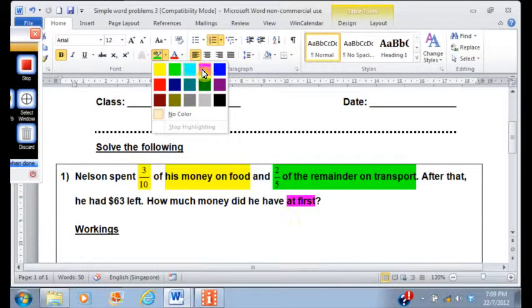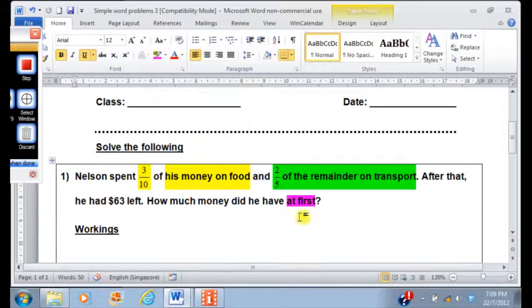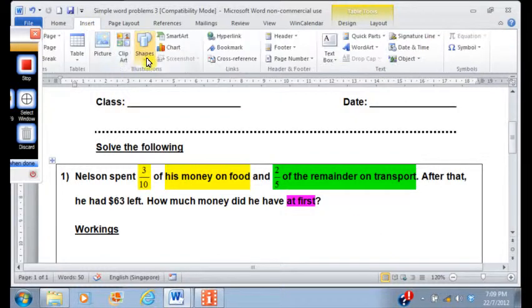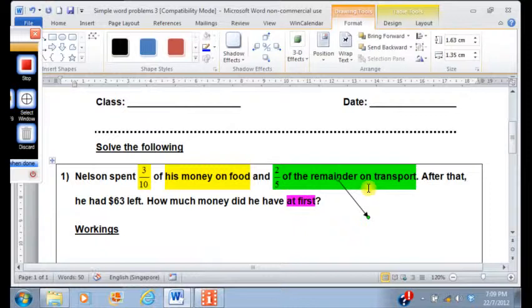Now, how to do this question? Whenever you see the word remainder, you can use a method called the branch method. I'm going to use an arrow and point.